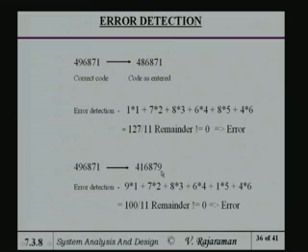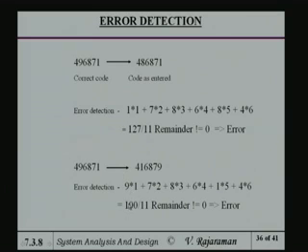In this case also error detection is there, because any single transposition error or any single transcription error can be detected by this coding scheme, which is called a modulus 11 coding scheme, because 11 was used as the number by which I divide, and 11 is a prime number. Why I used 11 will be clearer when I explain the theory.